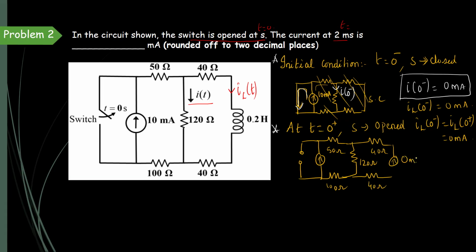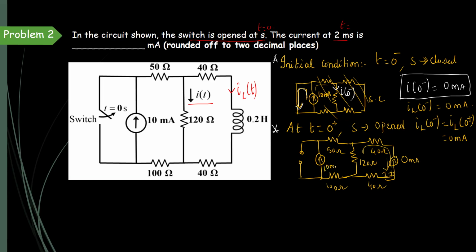We can mark this as 0 milliamps. When I equals 0, this whole part can be discarded. There will be no current flowing in this loop, I equal to 0 only.